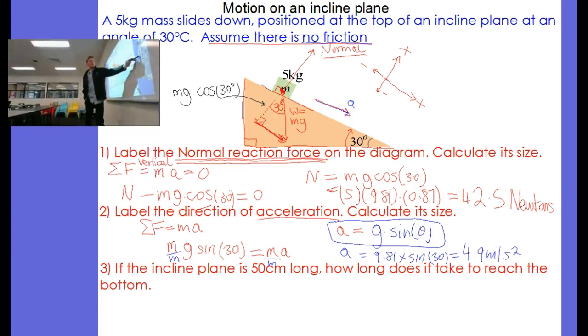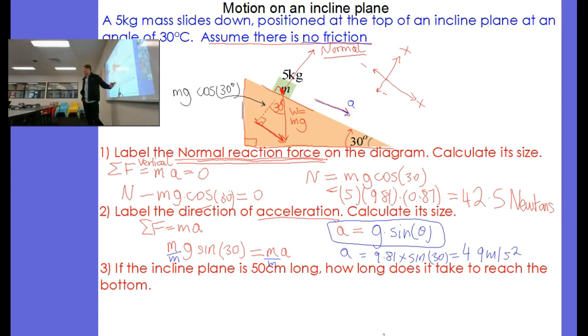So now we end up with the final question. This could be an extension. If you know now the actual acceleration that the object is experiencing, and it's a constant acceleration because this only depends on the angle and the acceleration due to gravity, both of those things won't be changing.